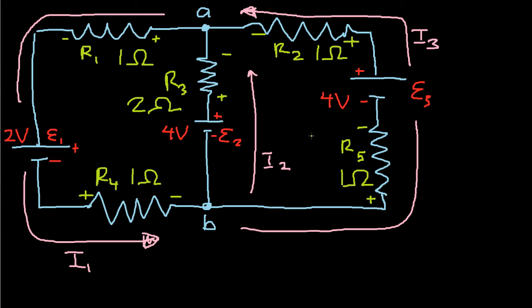So that's handy for us: the ones on the outside are 1 ohm and the one on the inside is 2 ohms. Let's go on and make this diagram a little smaller so we can have space to write our equations.